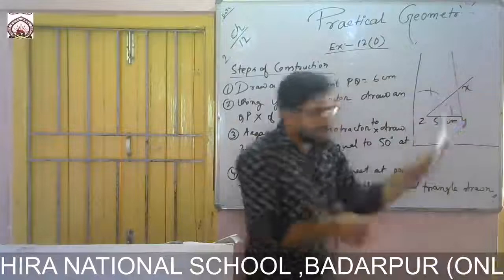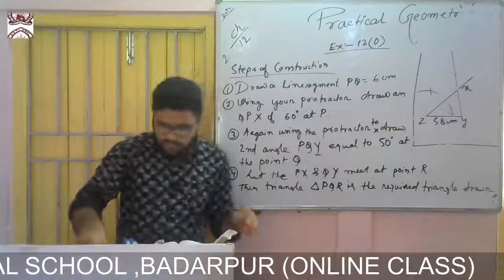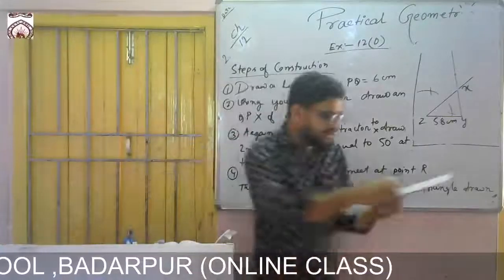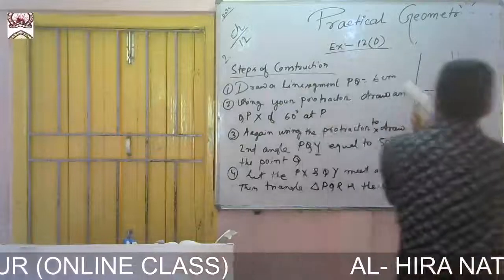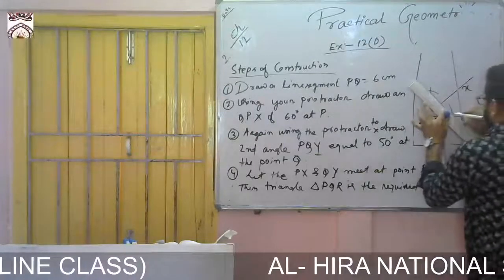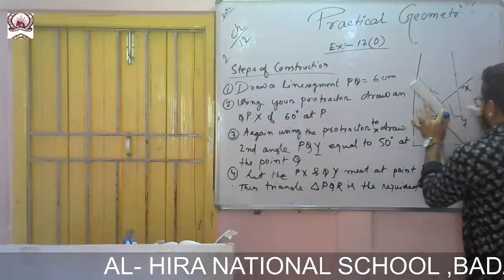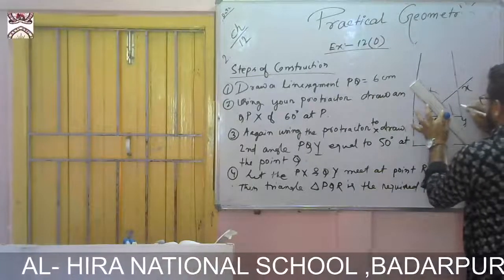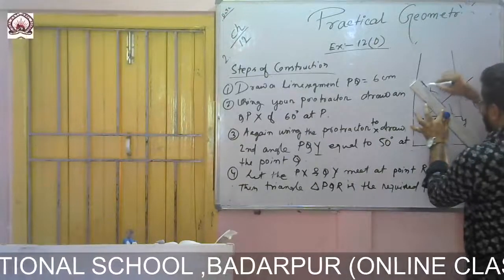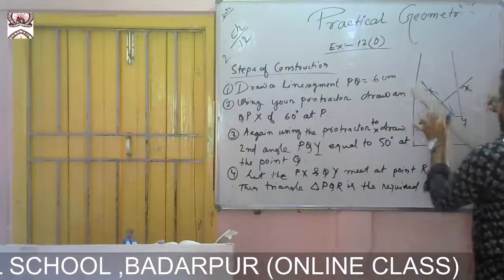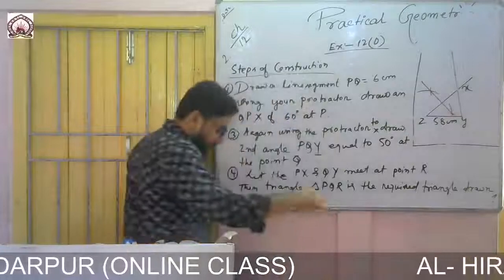Now you join this with your ruler. Now you just join these two. That will be the perpendicular. So this will be the perpendicular bisector.